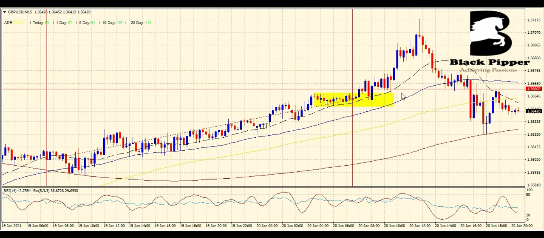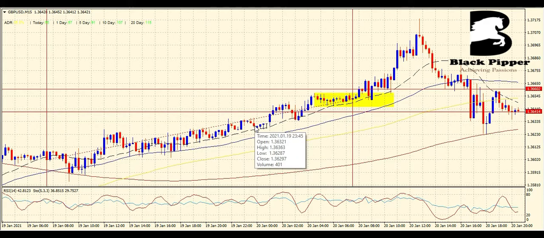This is my entry point. I'll place my stop loss slightly below the low of this consolidation area, at 1.3641. So it's around 19 pips of stop loss.